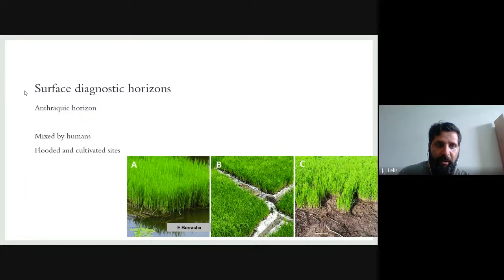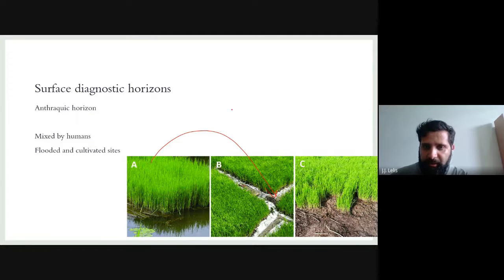And we also saw the anthropic horizon. That's a human horizon. It's a horizon that's produced by man. And we can see this surface diagnostic horizon in cultivated sites and flooded sites like rice cultivation areas, where soil is under the water table, and we saw a high accumulation of organic matter, but it's not so high like the histic horizon.